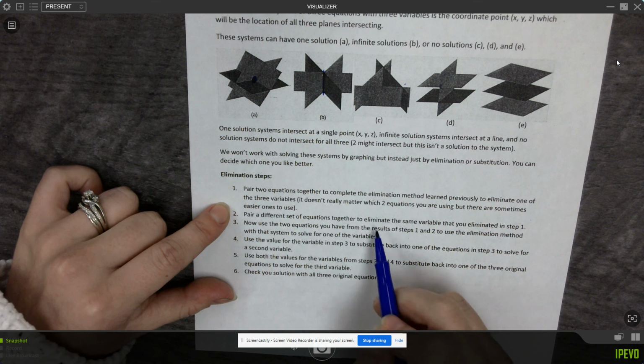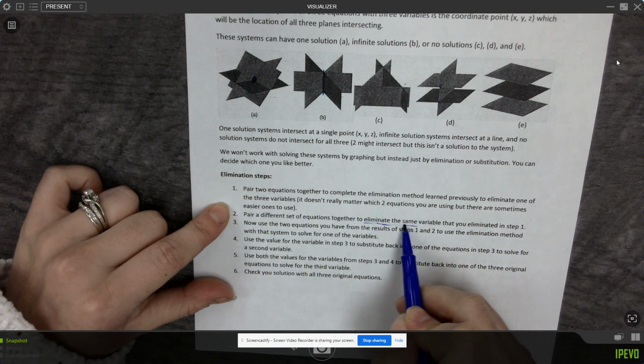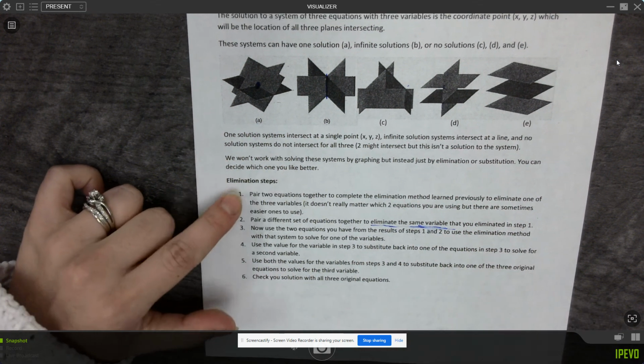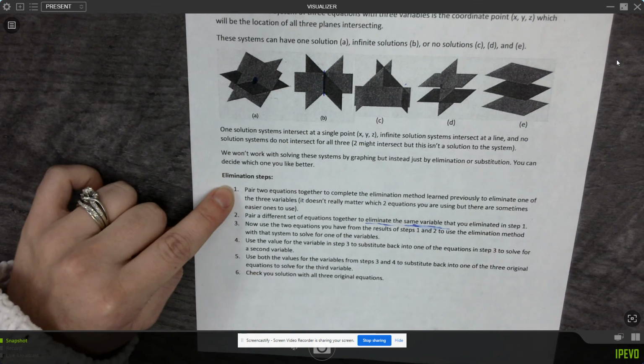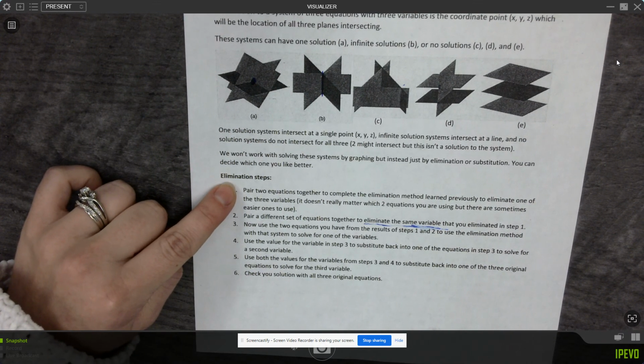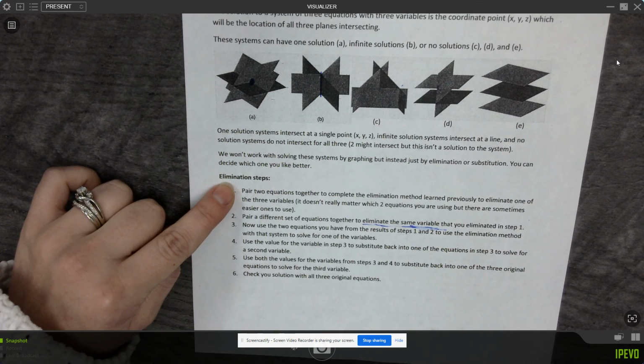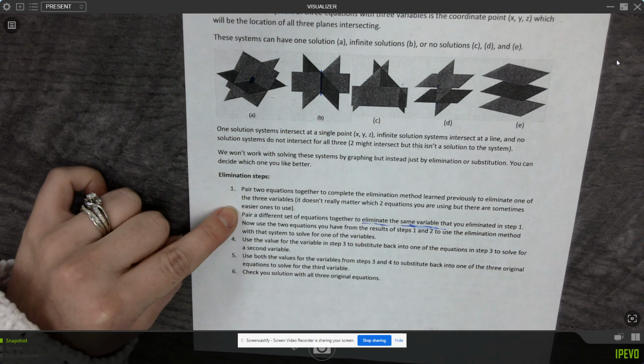You must eliminate the same variable that you eliminated up here in step 1. So when I paired these first 2 equations together, if I eliminated x, now when I pair these 2, I have to eliminate x. All right?